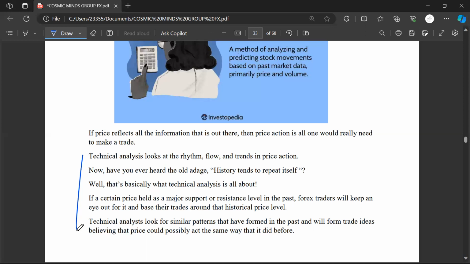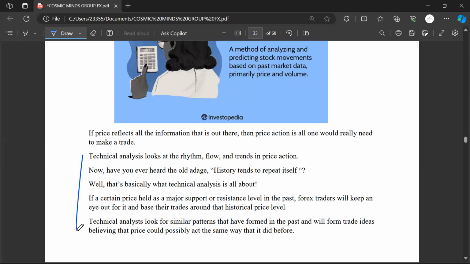If a certain price held as a major support or resistance level in the past, forex traders would keep an eye out for it and base their trades around that historical price level. So whatever reaction happened between the buyers and sellers at a particular point in time, we anticipate that it has a higher probability or tendency of happening again. So we look at those key levels, key times, and then make use of them, take advantage. That's what technical analysis is about.